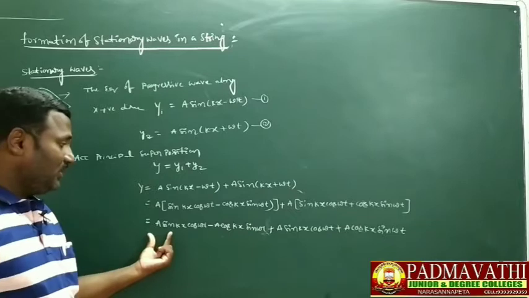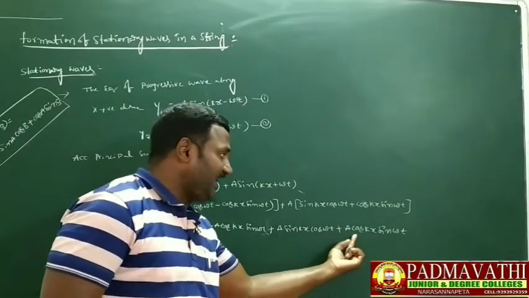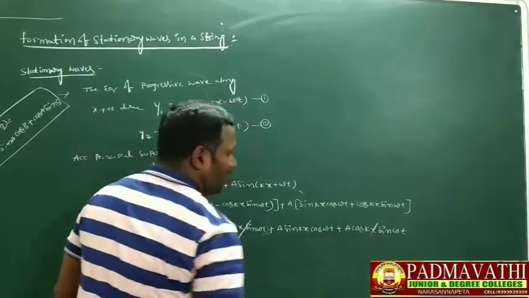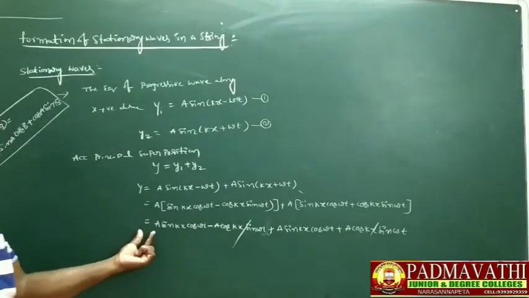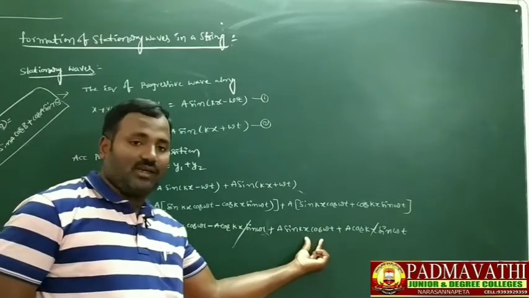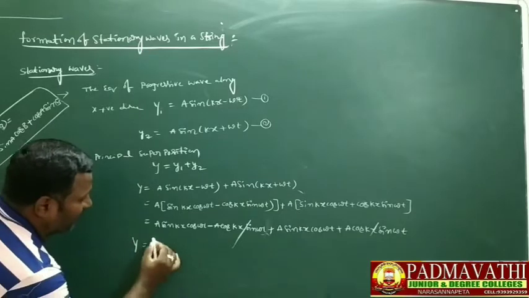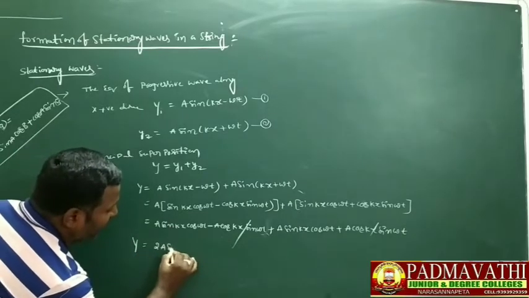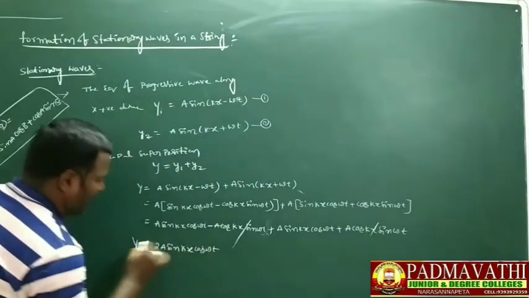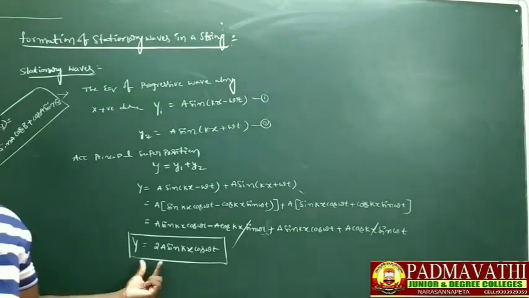The terms a cos kx sin omega t are opposite, so they cancel. The remaining terms give the resulting displacement y equals 2a sin kx cos omega t.